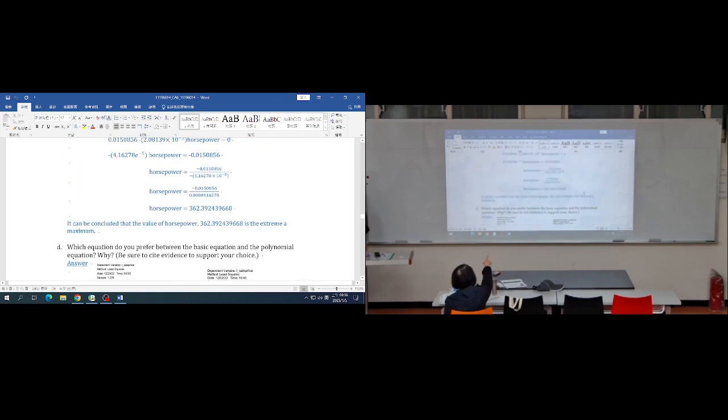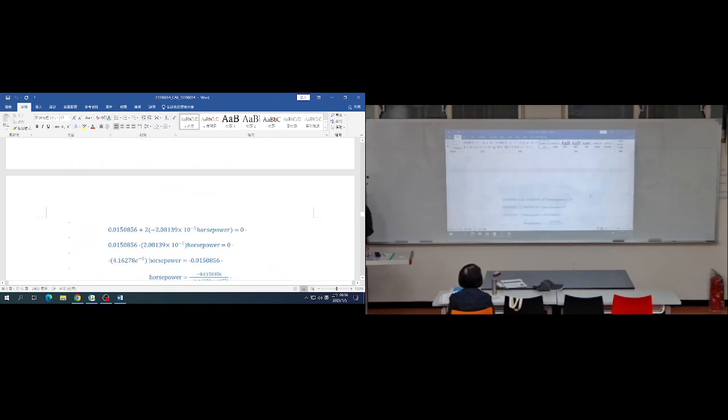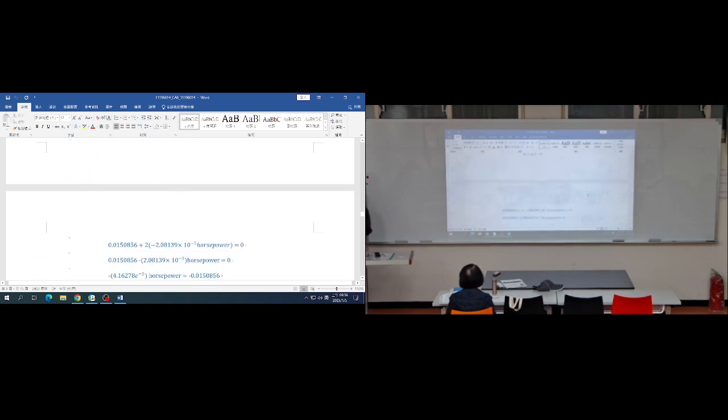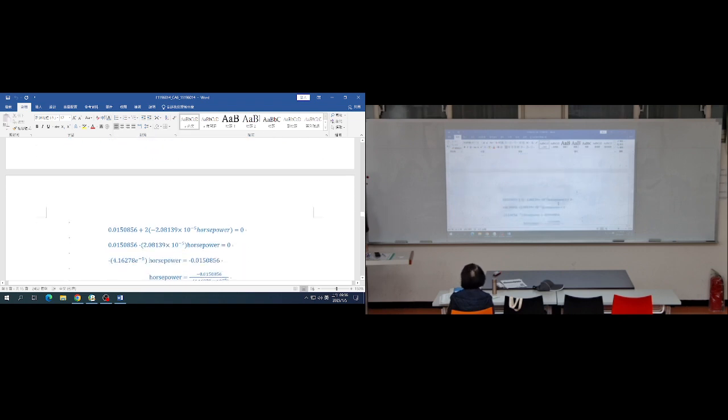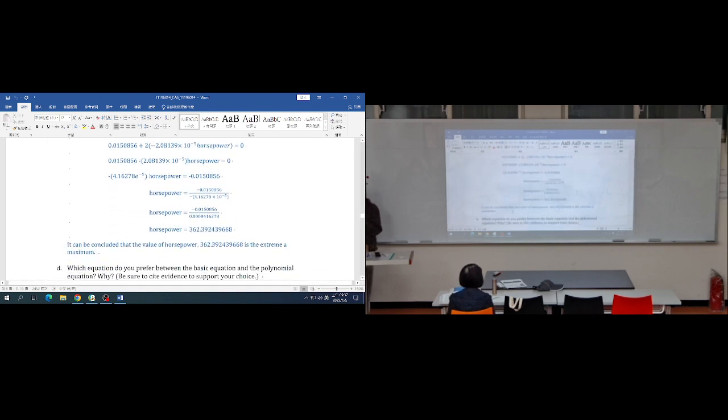You haven't explained that yet. I substitute the coefficients of horsepower and square horsepower into this equation, and the result is 362.392.